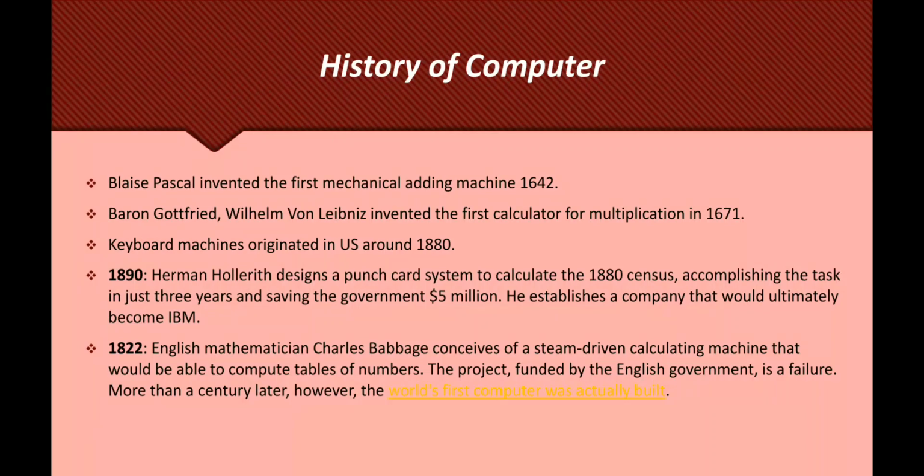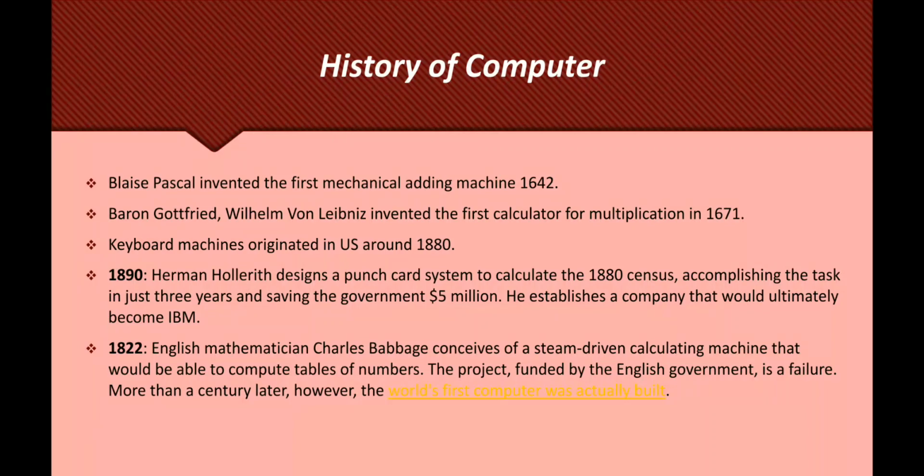Then next one is around 1880, Herman Hollerith came up with the concept of the punch card. Okay, he gave the concept of the punch card, and these cards were extensively used as input media until the late 1970s.